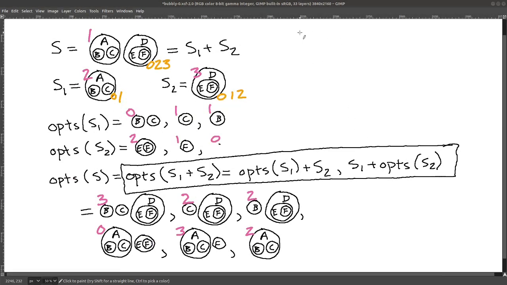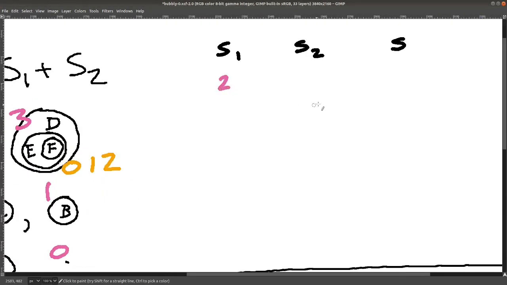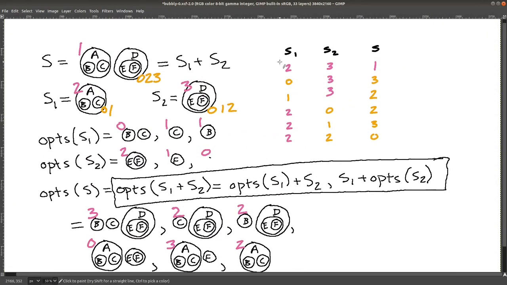I'm going to add a little table here, just as another way of showing what we did. All right, so first of all, we just combine the pink numbers. 2 XOR 3 is 1 to get the pink number for S. And then to get the orange numbers for S, we combine the orange numbers for S1 with the pink number for S2, and the pink number for S1 with the orange numbers for S2.